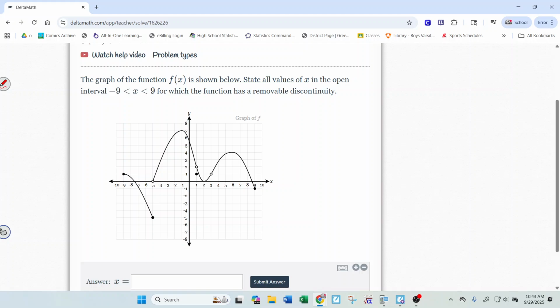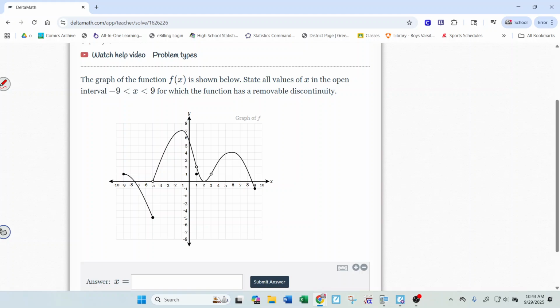Which one of those are removable? Is -5 removable? Or it jumps? See how it goes from here and jumps? That's a jump. But look at 3. At 3, you removed a single point. At 1, you removed a single point. Does that make sense? That's removable.